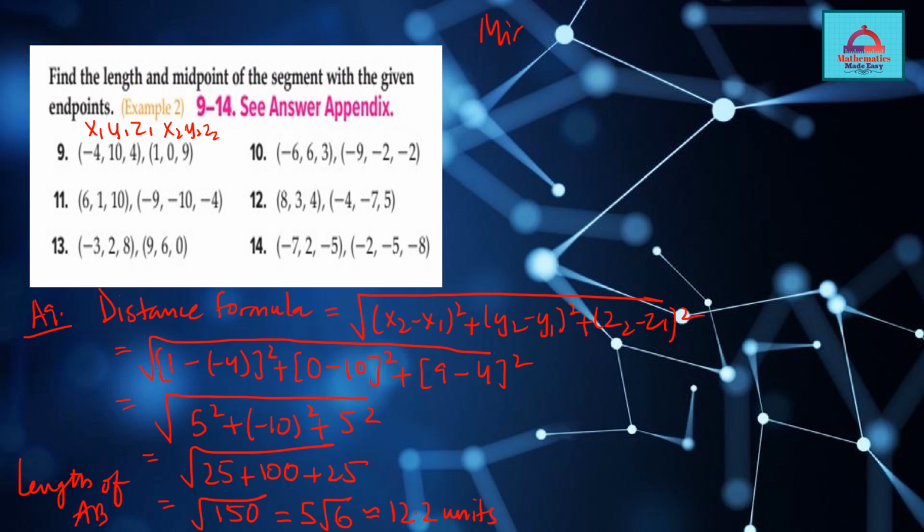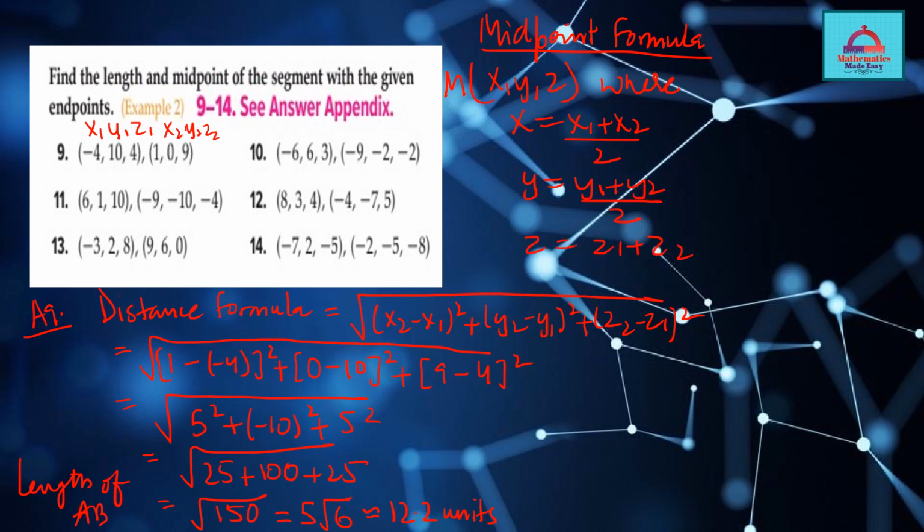Okay, we have got one part. Now we have to do the midpoint. So we are going to use the midpoint formula. The midpoint will be x, y, z, where x is x1 plus x2 by 2, y is y1 plus y2 by 2. So it's like in the middle, it's like the average. So let's calculate. Minus 4 plus 1 by 2. This is 10 plus 0 by 2, and this is 4 plus 9 by 2.